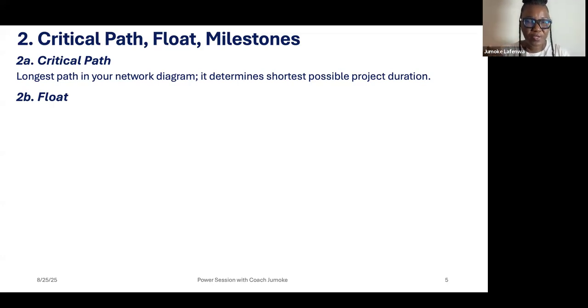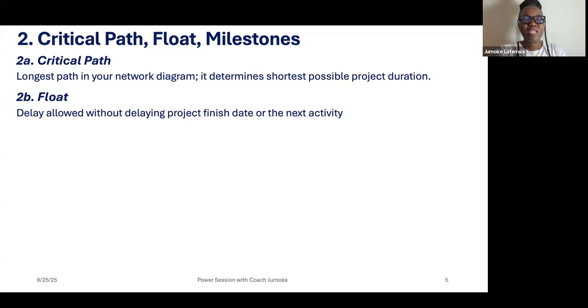And the late finish and the early finish will give you float. The float is the time that you can delay an activity without it having an impact on the ending of the project or the next activity.